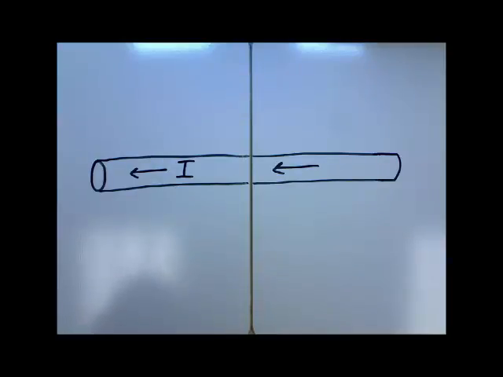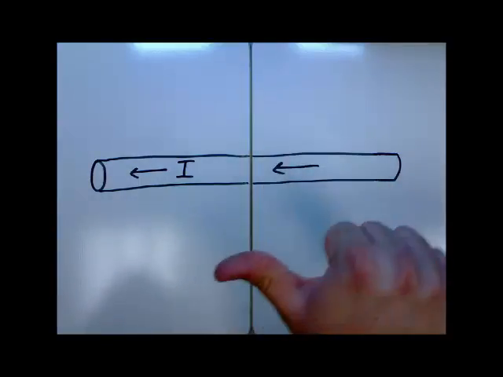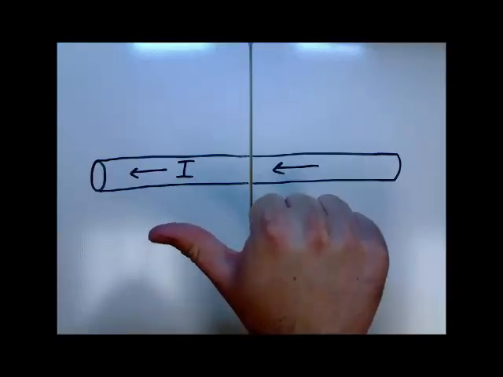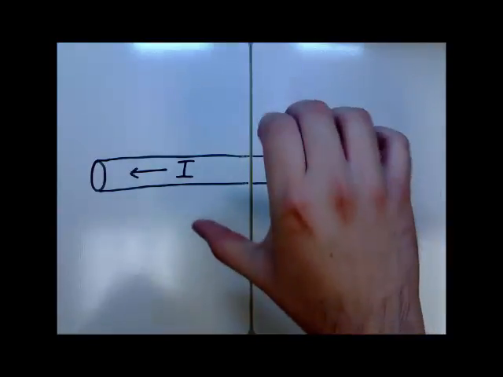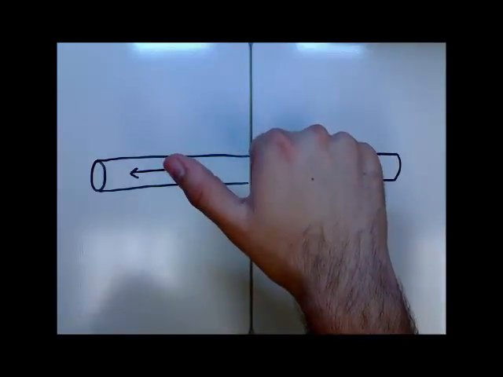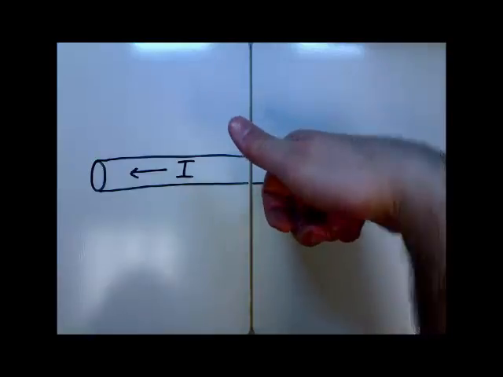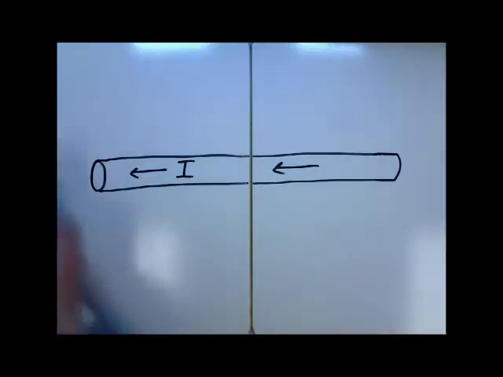We'd like to know what the orientation of the magnetic field due to the current is going to be. So, for this right-hand rule, I'll imagine that I'm grabbing the wire with my thumb pointing in the direction that the current is moving. If I were to grab the wire, my fingers would have to curl around the wire. The direction that my fingers curl shows the direction that the magnetic field will take.